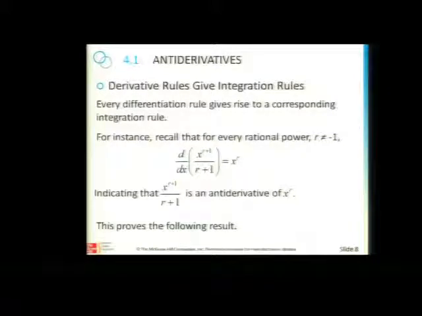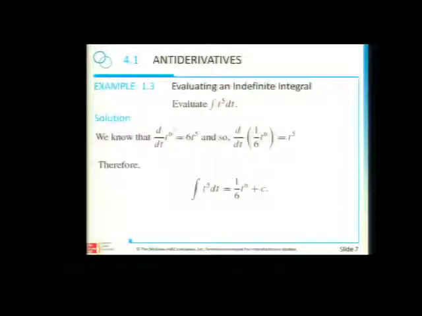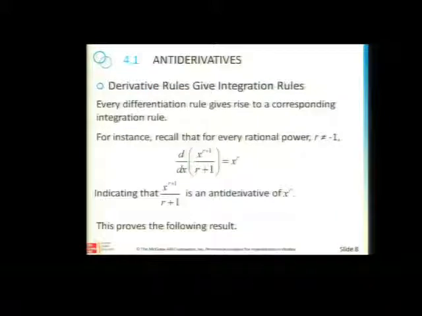I'm going to show you a lot of rules for integration. First of all, every differentiation rule will give you one integration rule. Just now, you have seen the power law in differentiation, and it gives you one rule for integration.